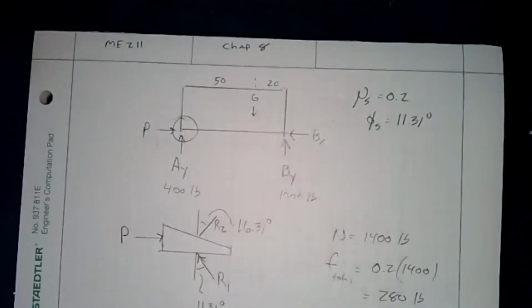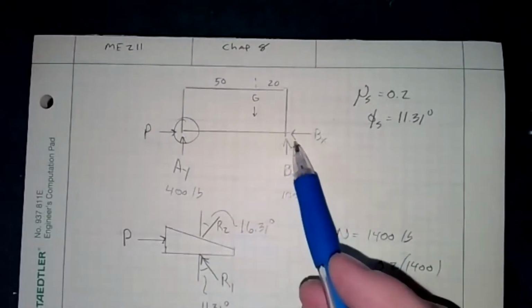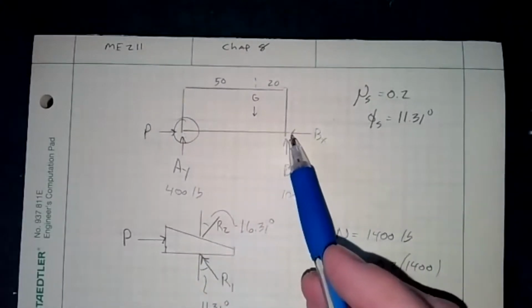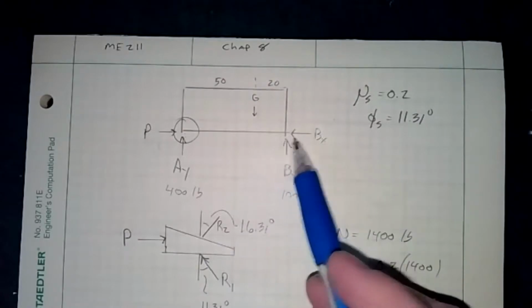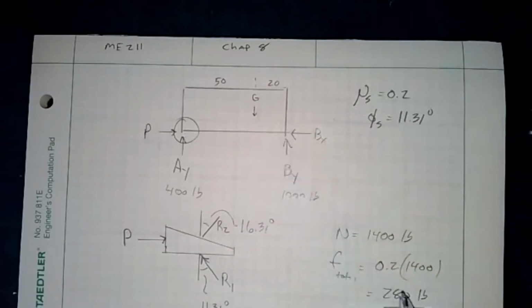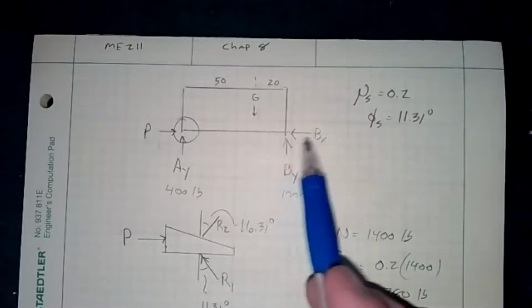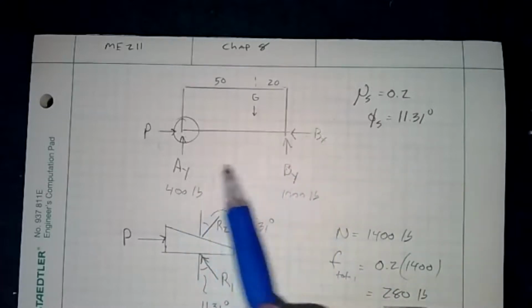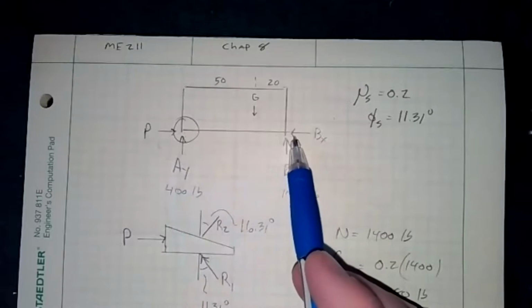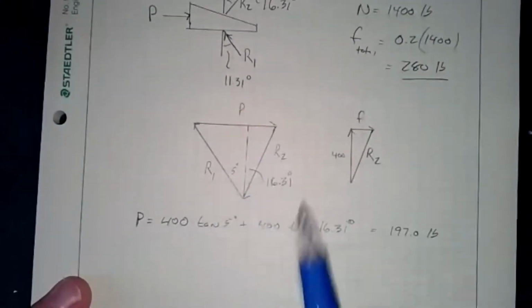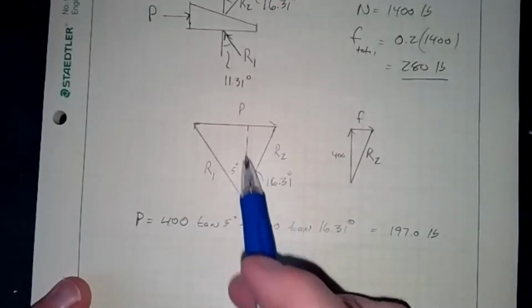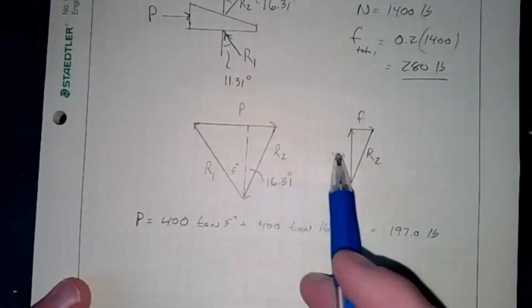Now, if I had done the same problem the other way, going from this end, then what I would have found is the force required to move underneath here would have been greater than that. And so it would have actually slid before it went. The only difference between driving the wedge on this side versus that side, calculation-wise, is you would have replaced this vertical value with 1,000.